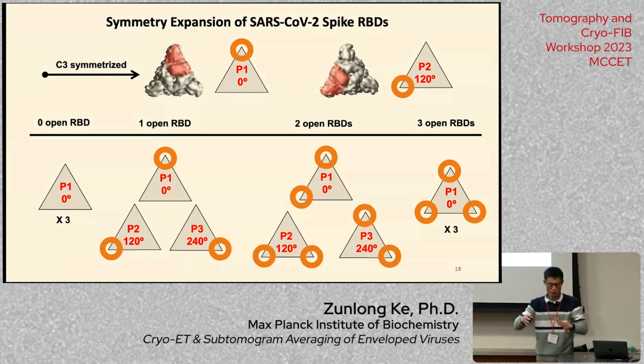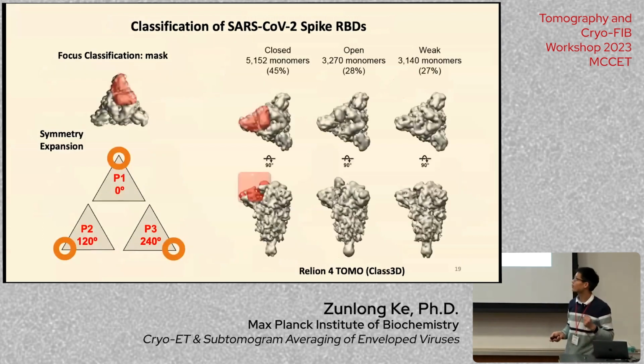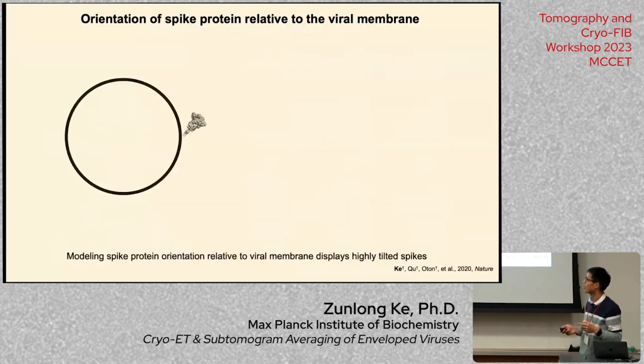But then you go back to track where they're from, and you can understand how many monomers of the spike are in open or closed conformation. And you can go back again to the trimer, to the spike, to figure out what's the percentage of each one.